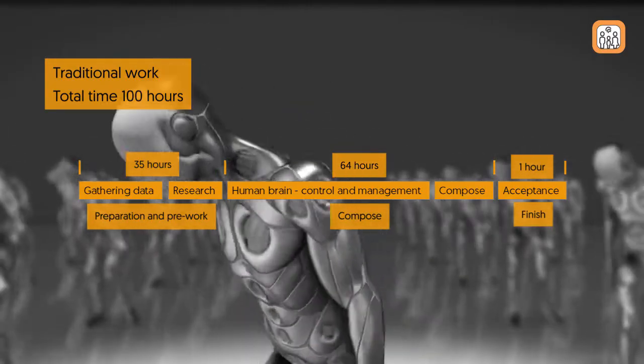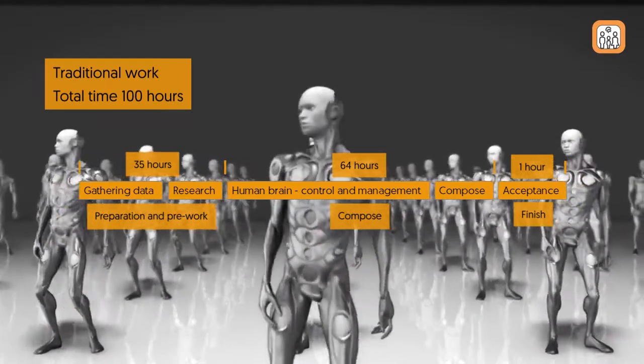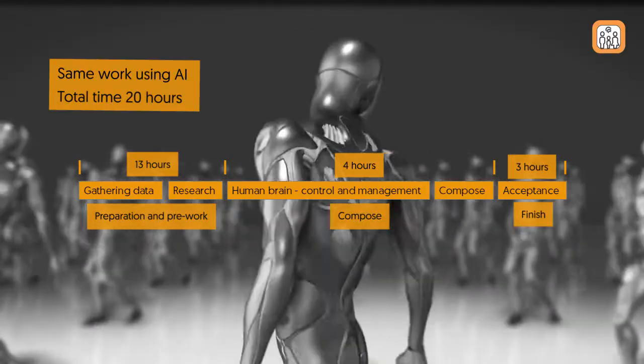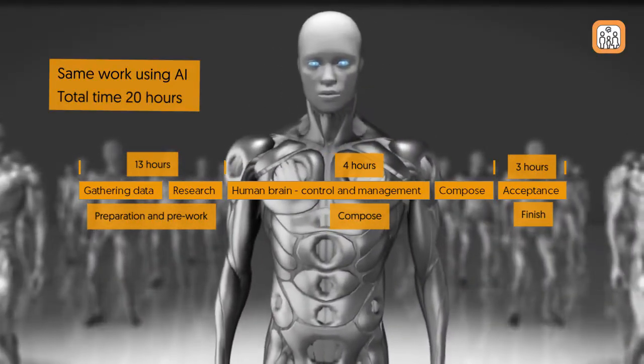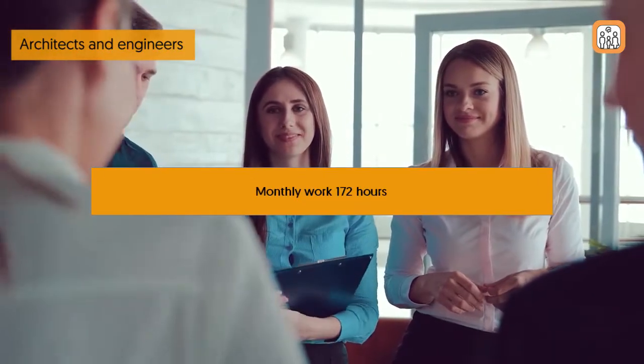As a general rule for generative AI, if the traditional work takes 100 hours, then using generative AI, the work will only take 20 hours. Compared to traditional ways, this is quite a substantial savings. Many industries could benefit from generative AI as part of the regular work schedule.